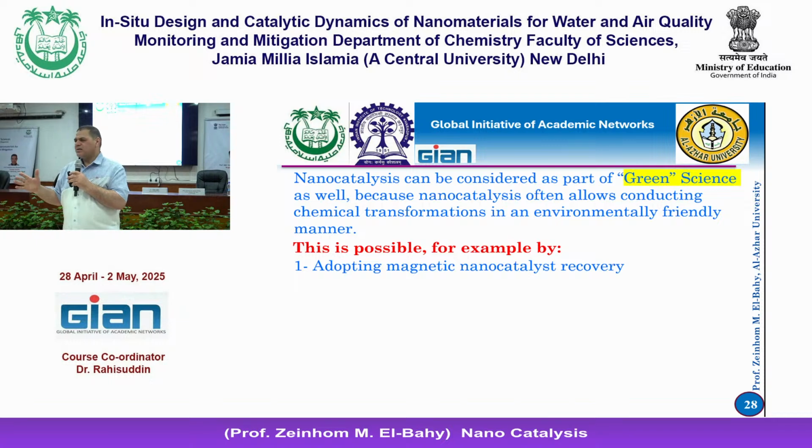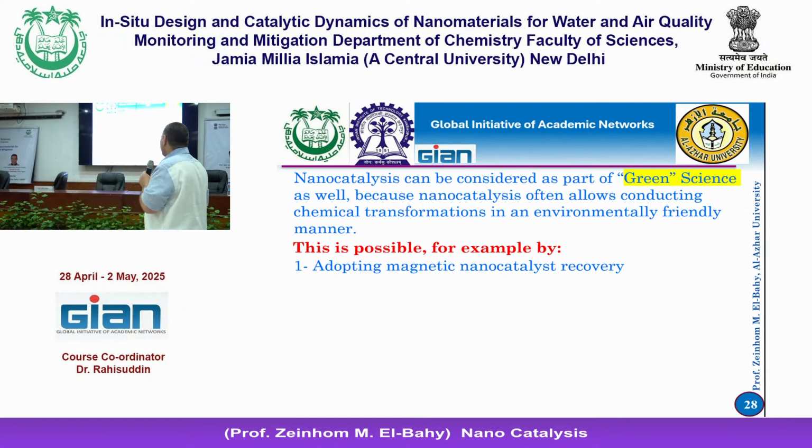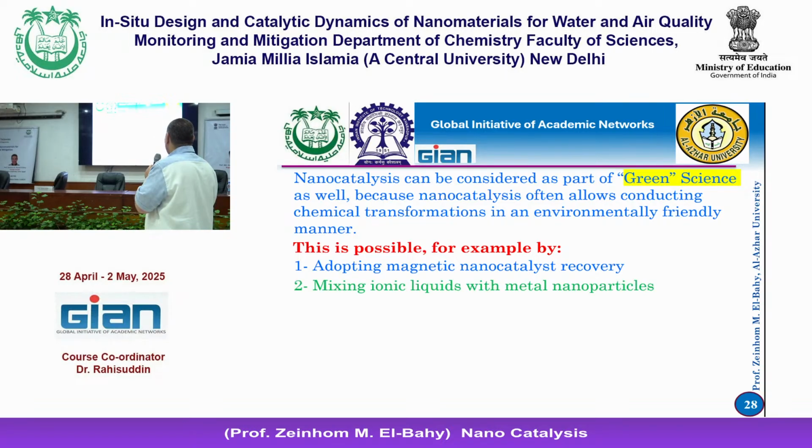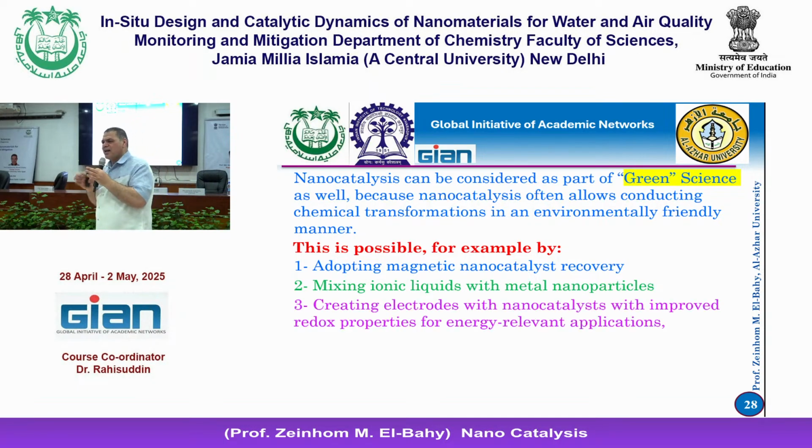This means easy separation. And mixing ionic liquids with metal nanoparticles, this is the second. And then creating electrodes with nanocatalysts with improved redox properties. Of course, the electrodes are very important.